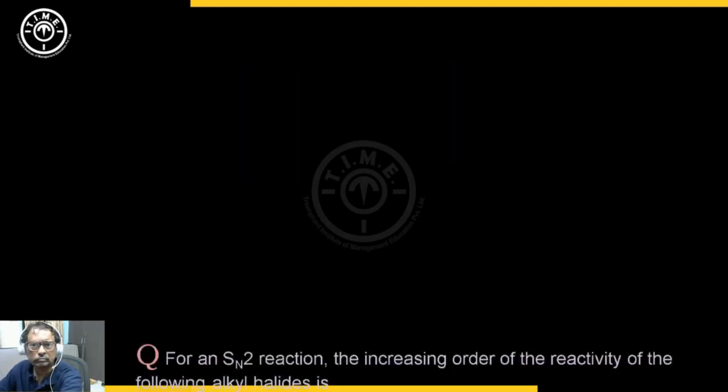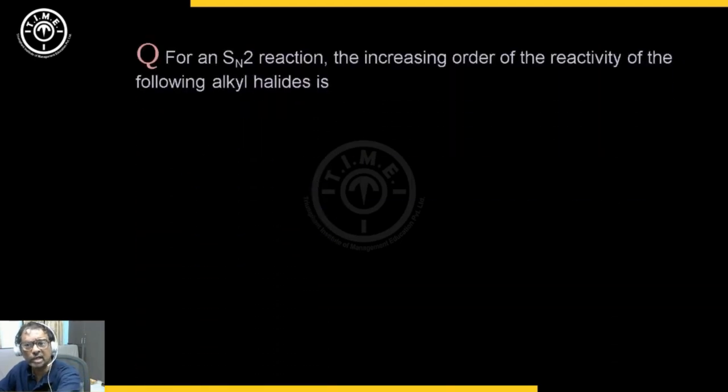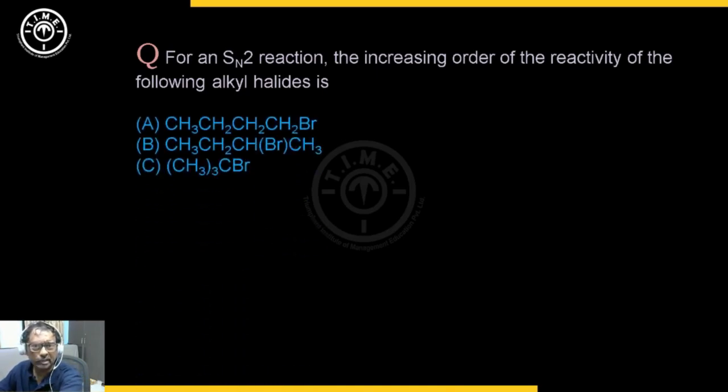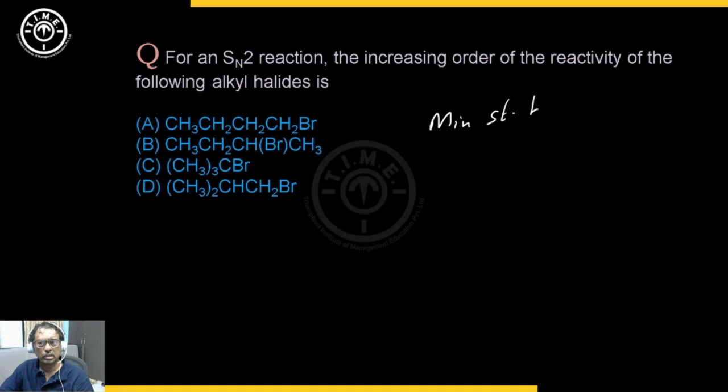Next, for an SN2 reaction, the increasing order of reactivity, there are 4 options. Now for SN2 reaction, what is required? Minimum steric hindrance. And we know that 1 degree is better than 2 degree is better than 3 degree. So this is 1 degree. This is 2 degree because this bromine is attached to a carbon which is attached to 2 carbons on either side. And this is 3 degree.